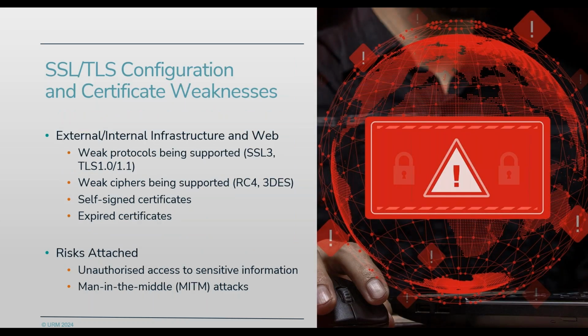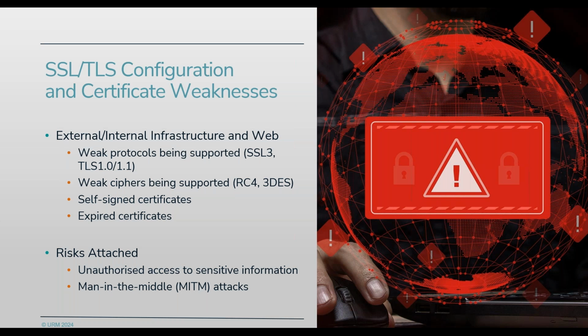Yeah, so the next one relates to TLS, SSL configuration and certificate weaknesses, which is related to the encryption of the data that you transmit to and from different services when you communicate through a network. It involves both external and internal infrastructure, and web applications.